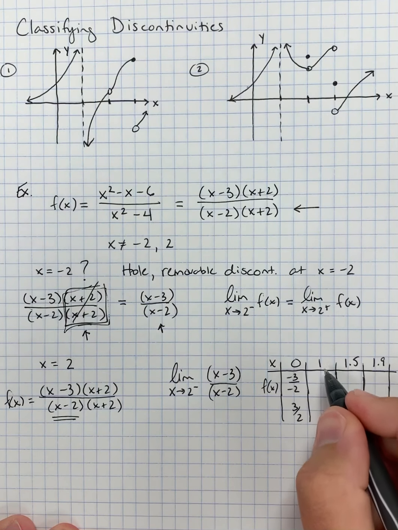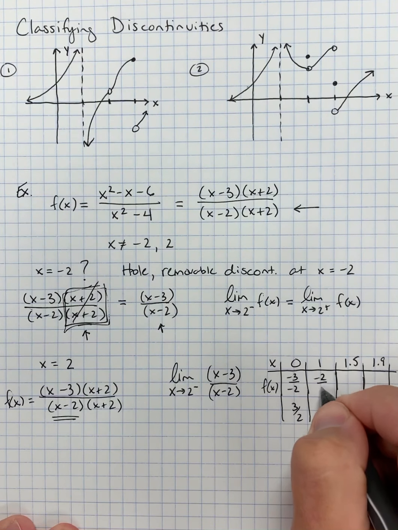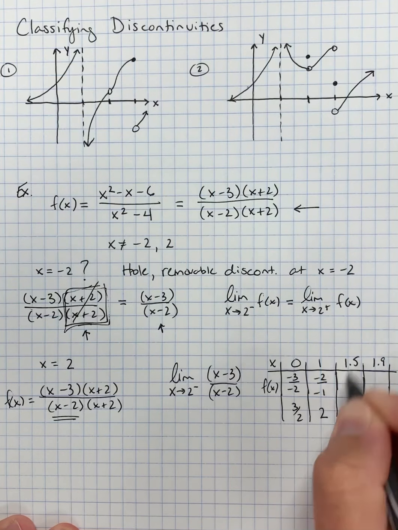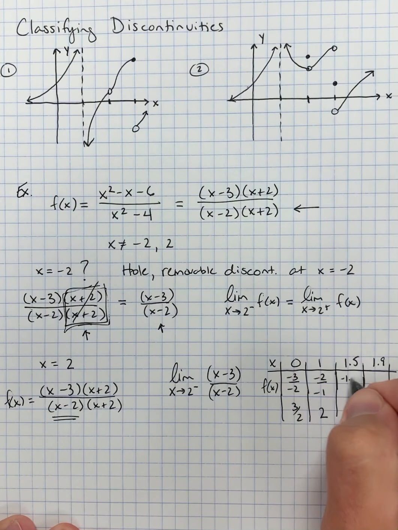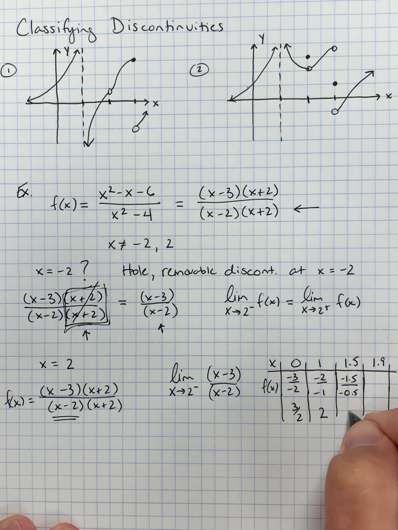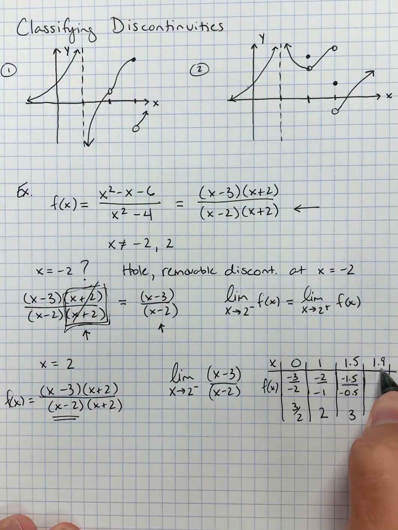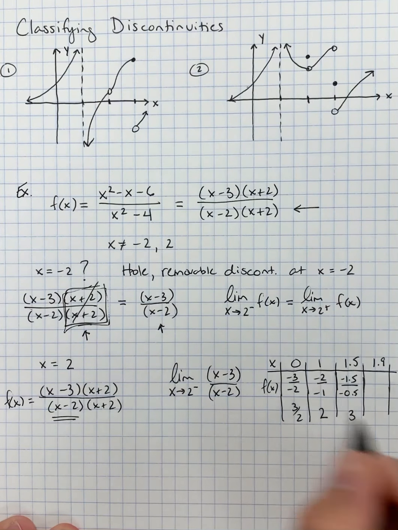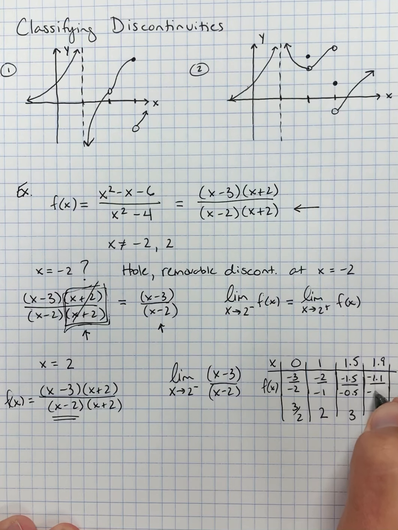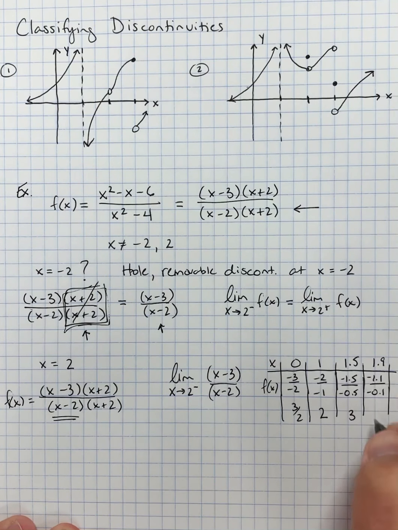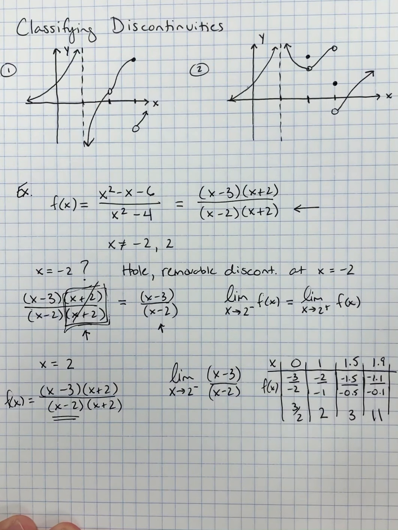If I put 1 in, I end up with -2 over -1, which is 2. If I put 1.5 into my function, I get -1.5 over -0.5, which gives me a positive 3. And if I put 1.9 in, I'm getting closer to 2 from the left. I end up with -1.1 over -0.1, which gives me an 11.